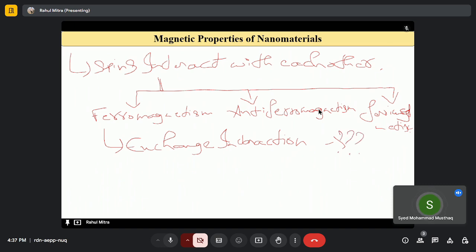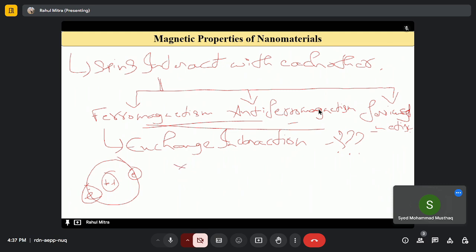Why does this define our three: ferromagnetism, antiferromagnetism, ferrimagnetism? How does the exchange interaction define these three phenomena? Let's say I have a helium atom, two protons and two electrons, which is 1s². Now, this is the ground state.